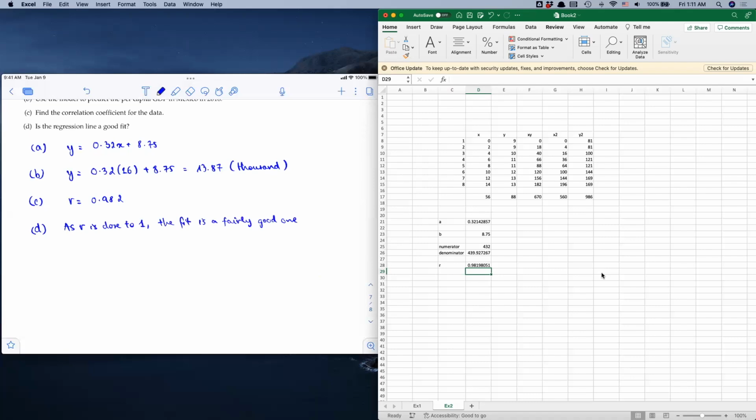So that is, the original points lie nearly along a straight line.